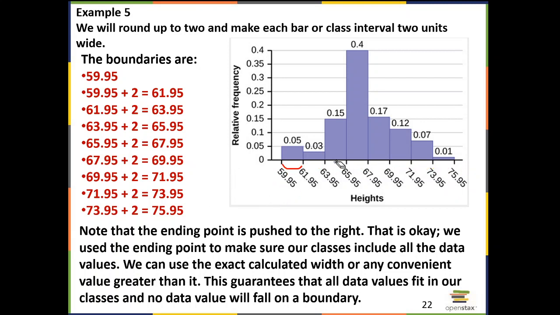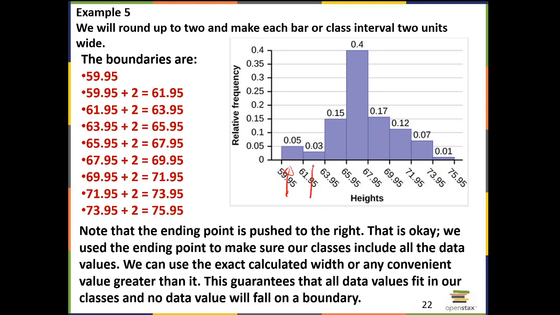We don't have the bars yet. We have the boundaries. So now we go to the data and tally how many numbers are between 59.95 and 61.95.